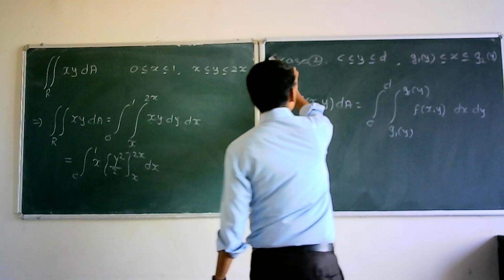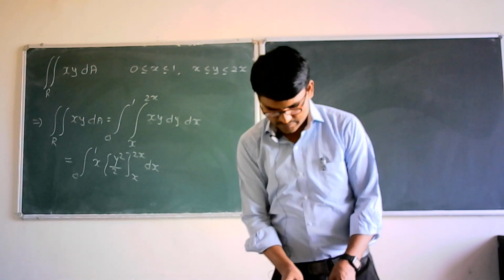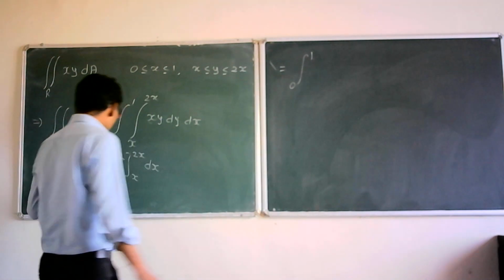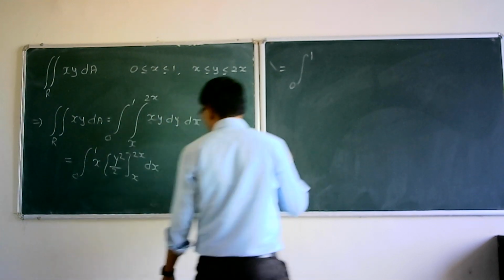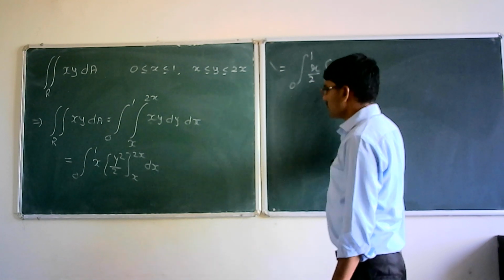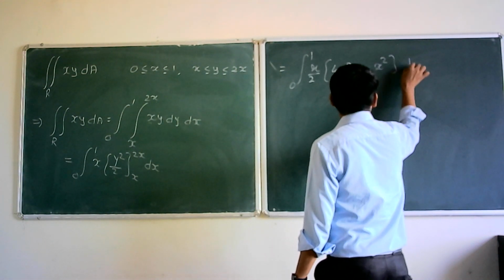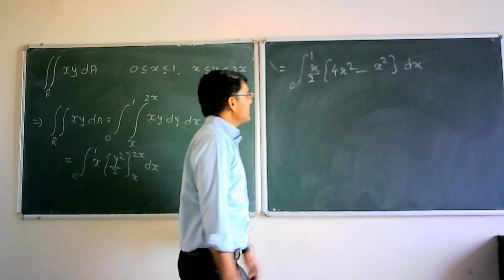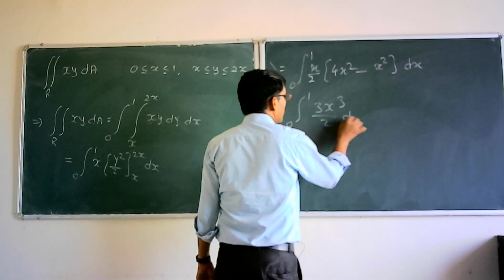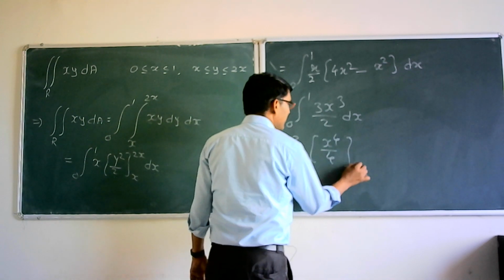Okay, so this is equal to 0 to 1. आता बघा इथे आपल्याला y चे लिमिट पुट करायचे twice x. सो हे काय मिळणार बघा आपल्याला x, twice x चा स्क्वेअर म्हणजे 4x², हा 2 आपण बाहेर घेतला, 4x² minus x² dx, म्हणजे thrice x² into x, म्हणजे तो आपल्याला काय मिळेल बघा 0 to 1 thrice x³/2 dx. आणि आता जर तुम्ही 3/2 बाहेर घेतला, integration of x³ is x⁴/4 and the limit is from 0 to 1.